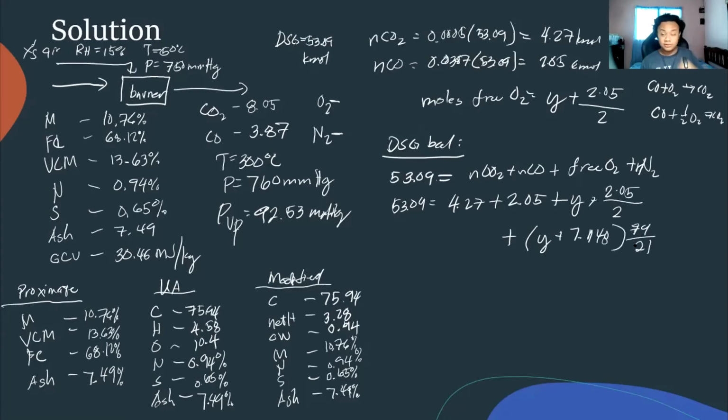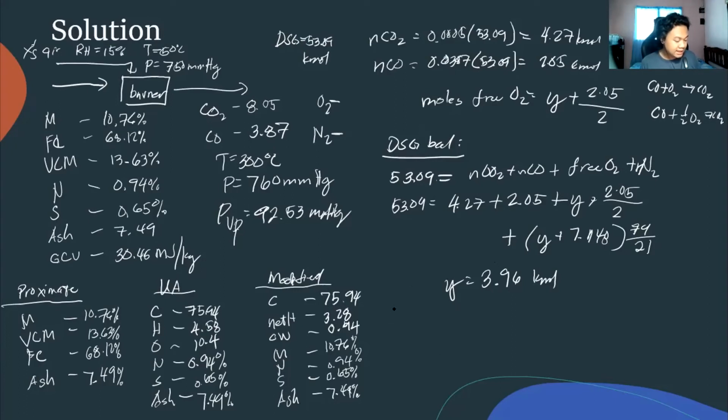Now shift solve to get your Y. This is Y: 3.96 kmol. So now you have the excess O2.